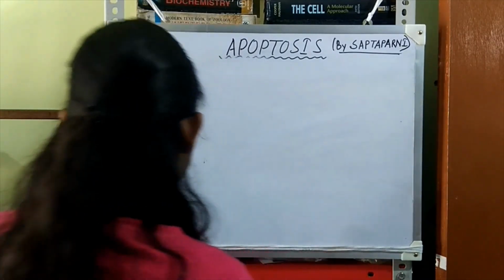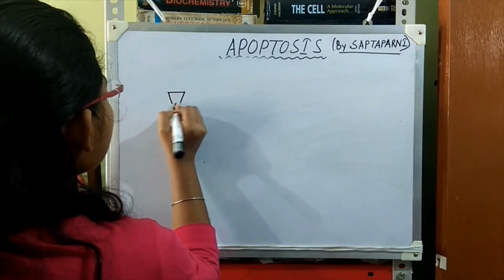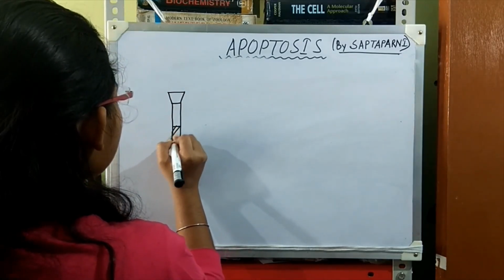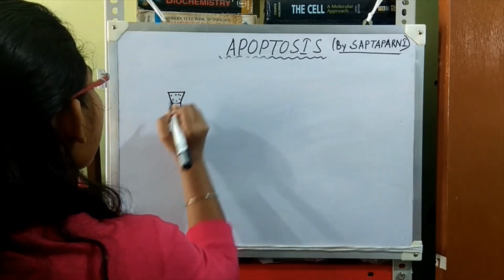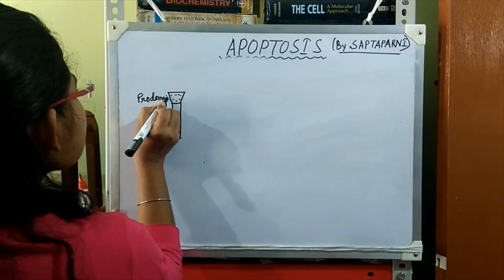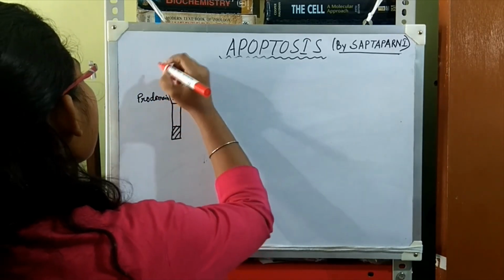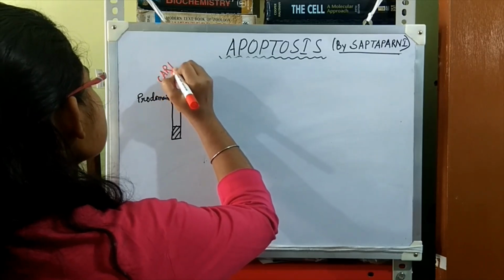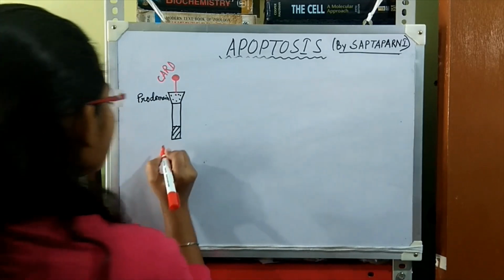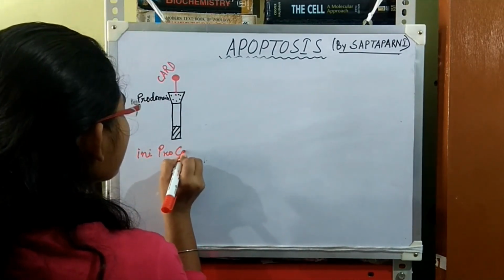Initiator procaspase looks somewhat different than other procaspases, because it has a prodomain. This prodomain contains a CARD, or caspase activation recruitment domain. So this is the initiator procaspase.